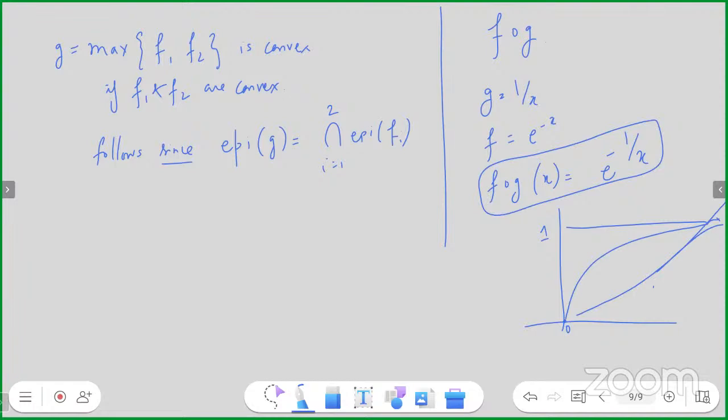What extra condition do I need to make it work? Convexity is, let's say, required. What more do I need? Just convexity alone is not sufficient. If you notice something from the example, you'll catch it. What kind of functions are f and g? They're both decreasing. I intentionally created them that way.